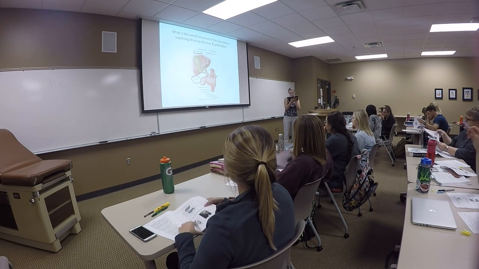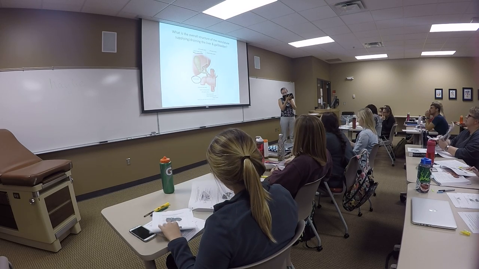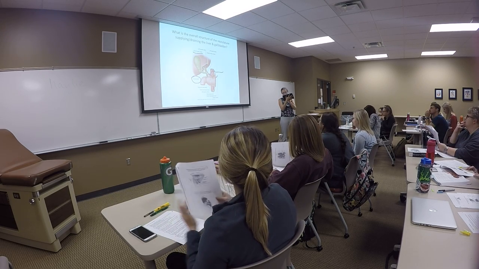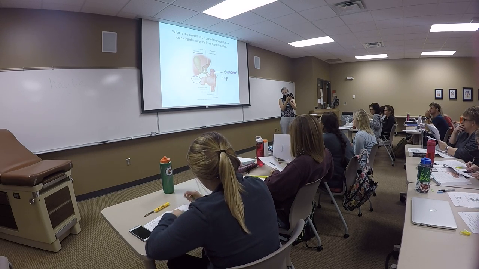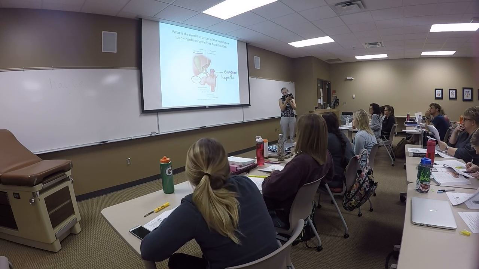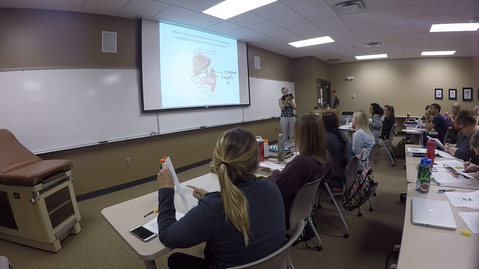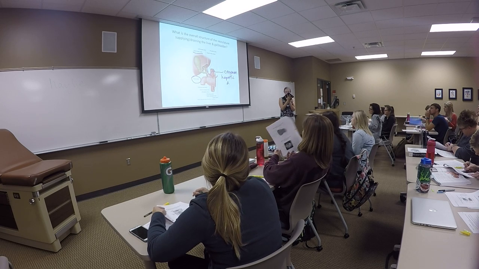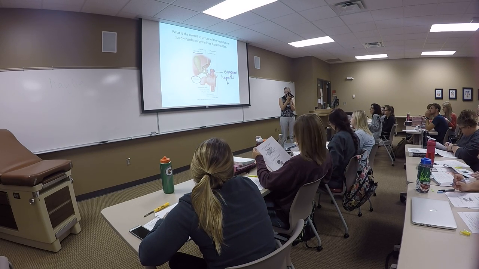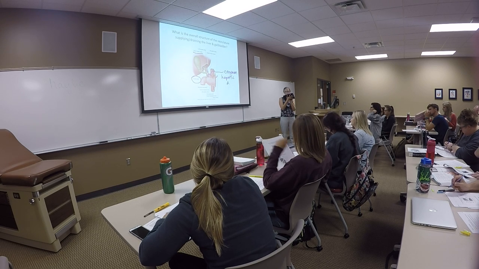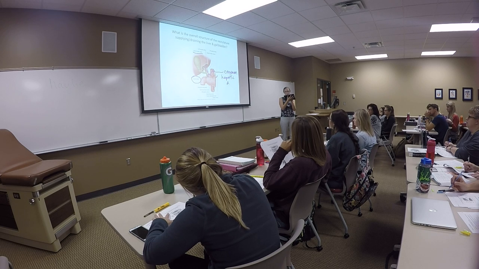So we have the common hepatic artery right here. Then we have the hepatic artery proper here, and that's right where the gastroduodenal artery comes off. So that's our separation. And then we have a split between the right and left hepatic arteries there.